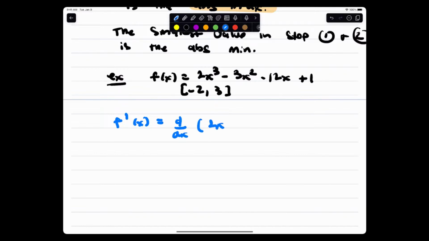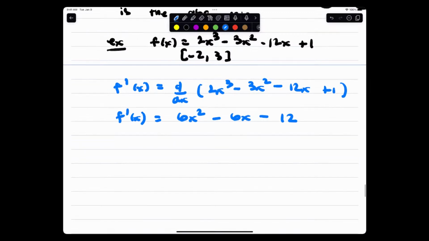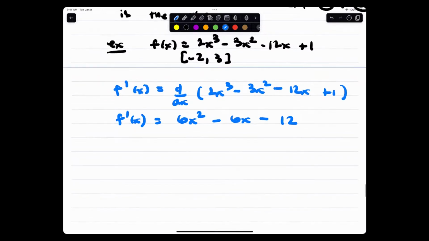Can you guys see taking derivatives now is the least of your concerns? So what's this going to be? Isn't this going to be 6x squared plus 6x minus 12, I guess? Is that right? You guys okay with that?